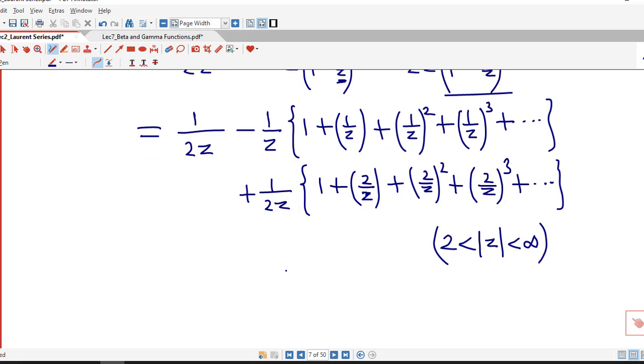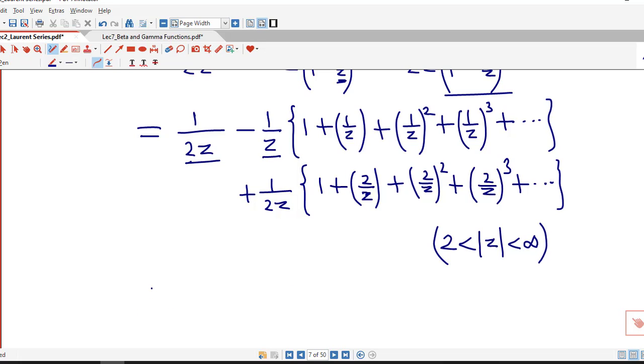So now we simplify this. If we observe here, we have 1 by 2z here, and here we have 1 by 2z. So that is going to be 1 by z, and that 1 by z will cancel out this minus 1 by z.